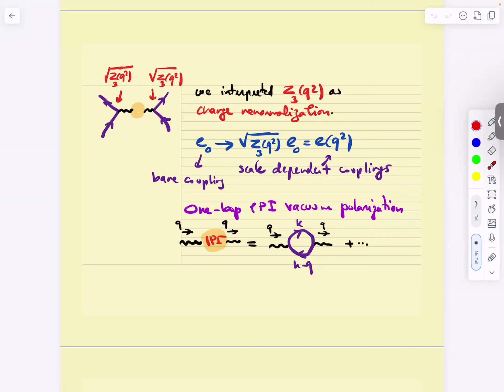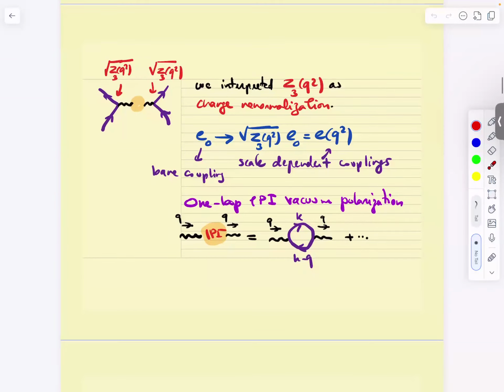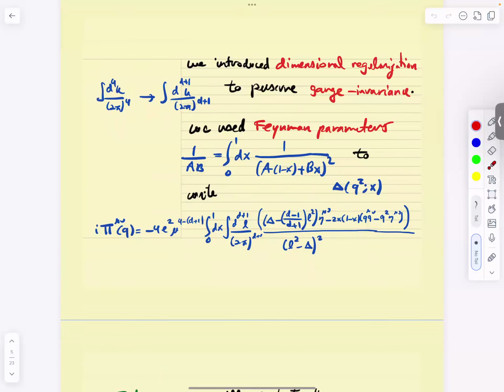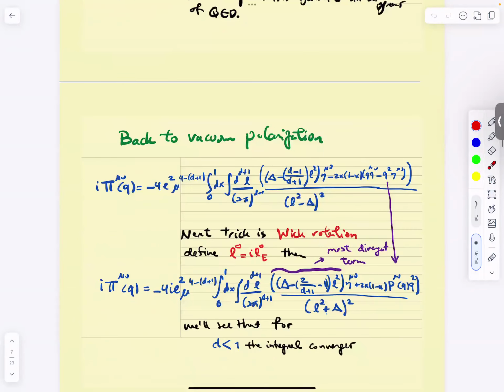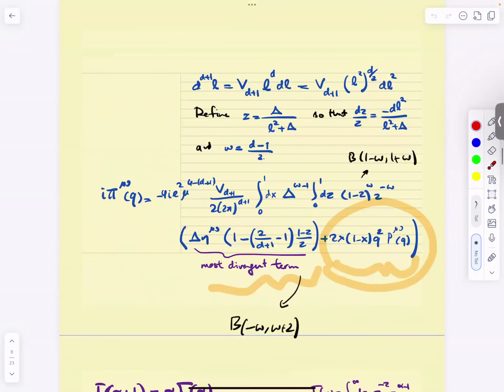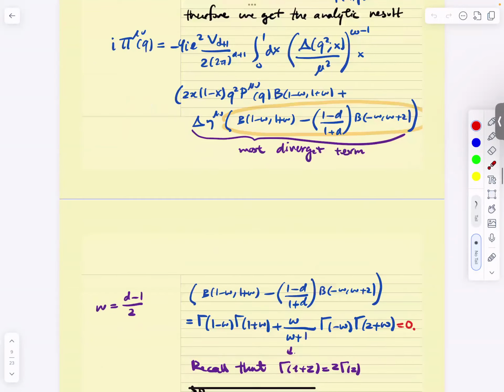This term also cancels. So you'll be dealing with this mu squared over delta, right? That will be the subtraction you will have to do. All right, I'm jumping around back and forth.